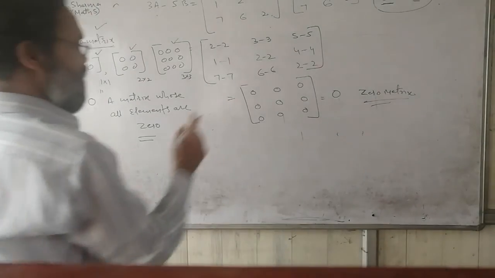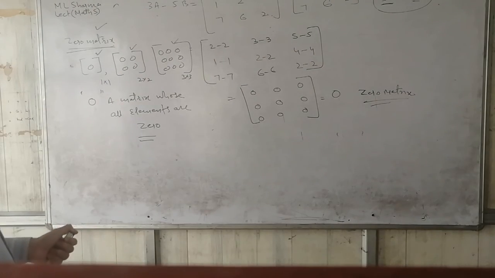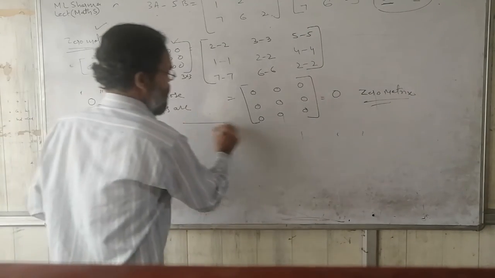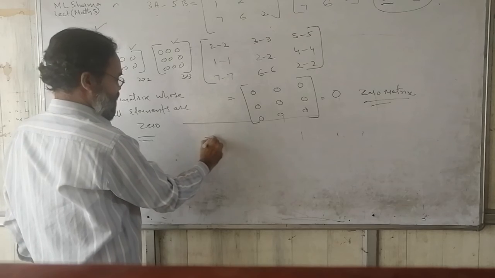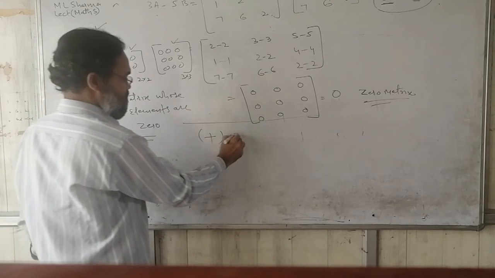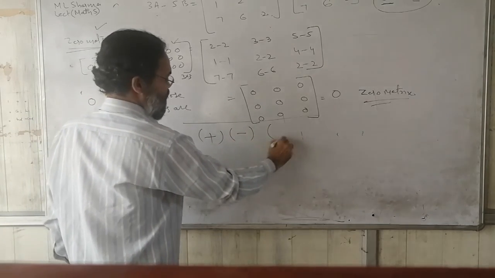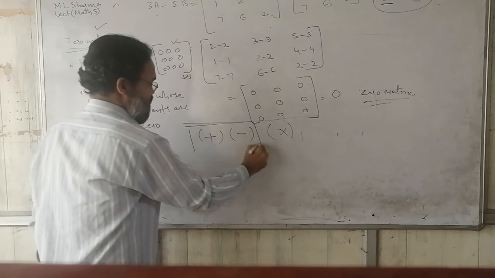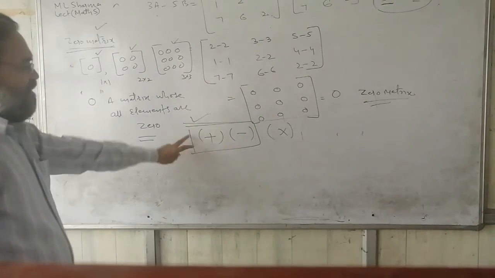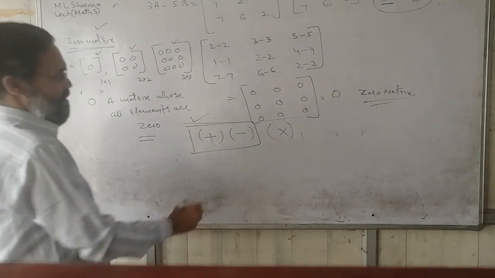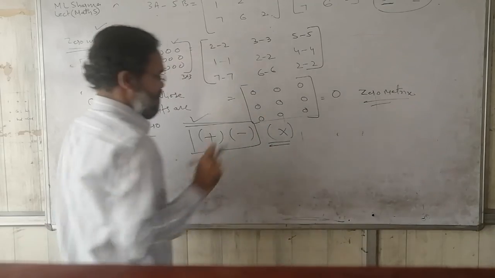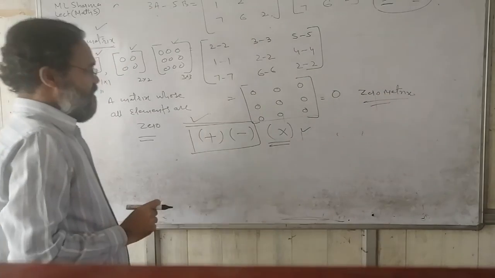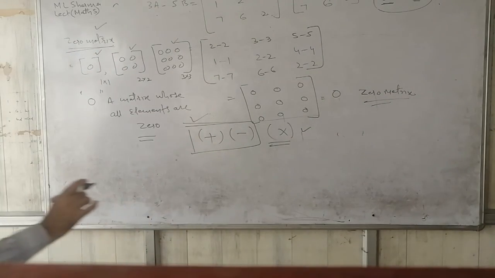In this way, we have to solve the question. Now, at the start, I had talked about addition, subtraction, and multiplication. So these two operations we have performed. As far as multiplication is concerned, we have to follow a rule.